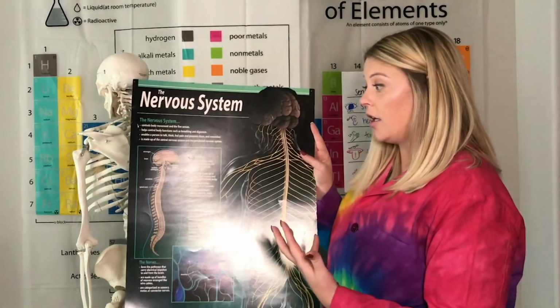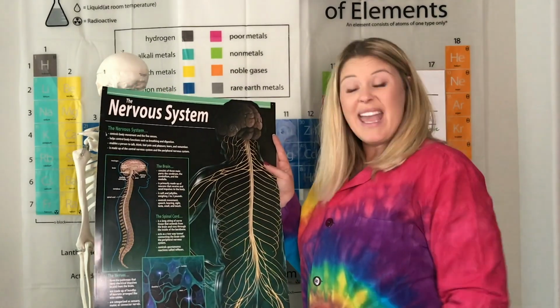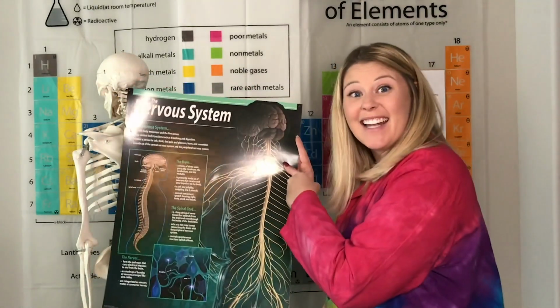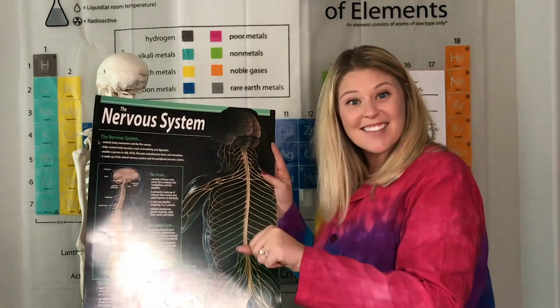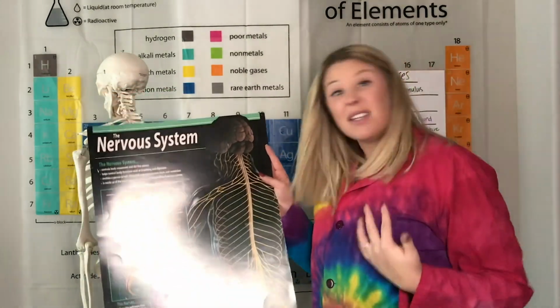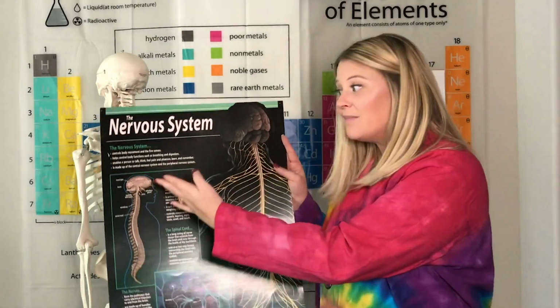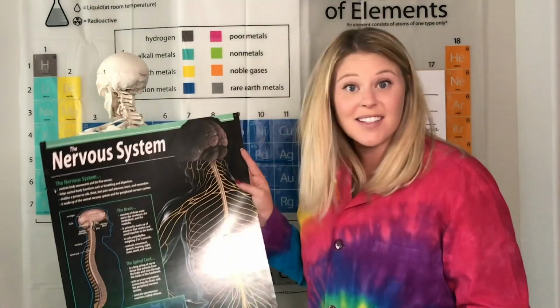If we're playing soccer, the brain's going to send that message all the way down to the legs. If we're batting in baseball, like I said, it's going to send it down to the arms and hands. But whatever stimulus we're experiencing, our brain creates that response.